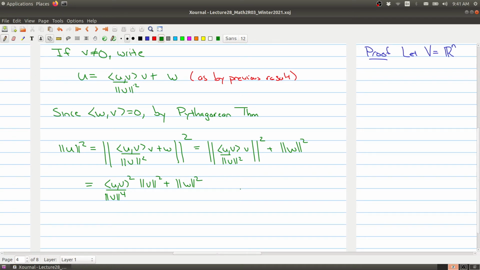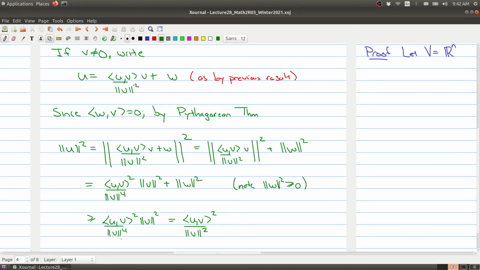And we note that the norm of w squared is greater than or equal to 0. So this is bigger than or equal to the inner product of u and v squared over the norm of v to the 4th times the norm of v squared, because this thing is just adding some positive quantity. And we can simplify this, so we get the inner product of u and v squared over the norm of v squared.